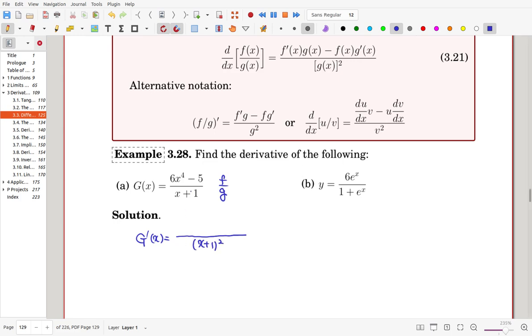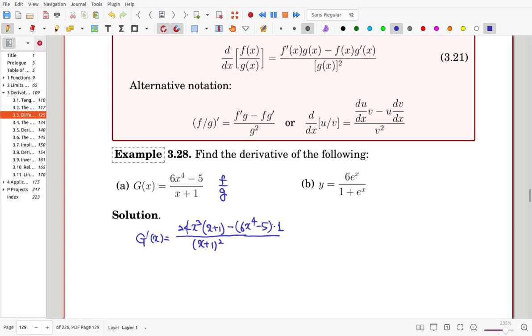The top is f prime g, where f prime is 24 x to the 3, minus 5 whose derivative is 0, times g, x plus 1, and minus the top f, that is 6 x to the 4 minus 5, times g prime, where the derivative of x plus 1 is 1.